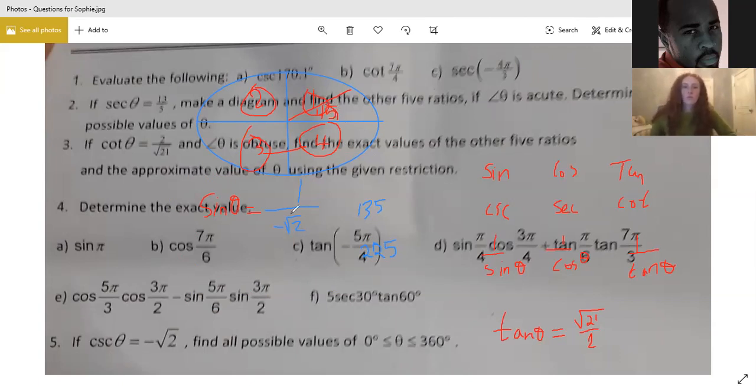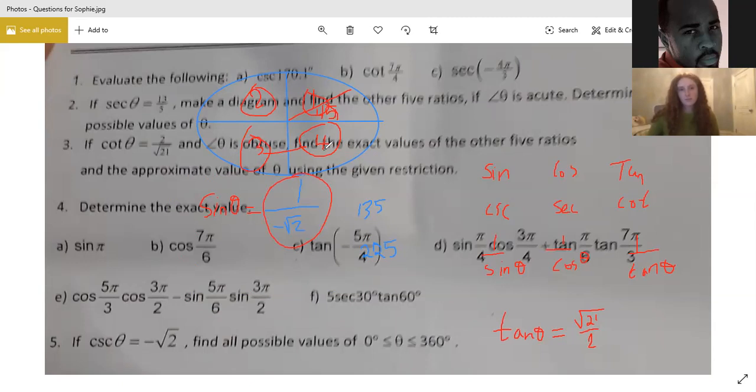Your solution now is wherever sine theta is a negative value. Because this is actually negative 1 over root 2, or 1 over negative root 2. So you want to find where sine is negative. 3 and 4. Is that clear?